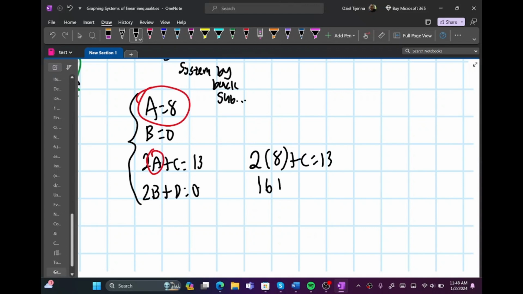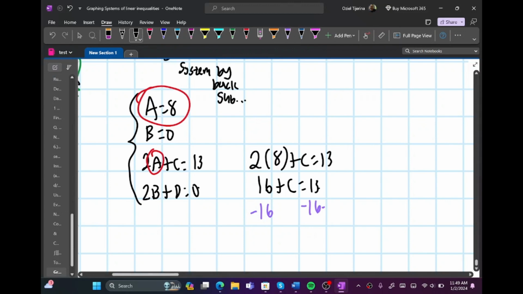So 16 plus c equals 13. To solve for c, subtract 16 on both sides. We end up getting c is equal to negative 3.